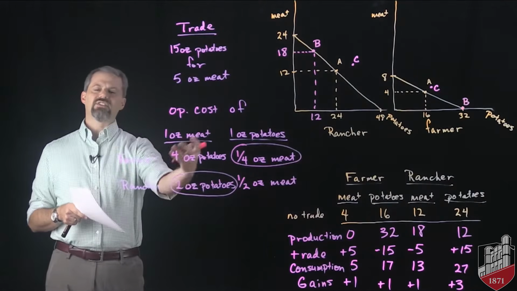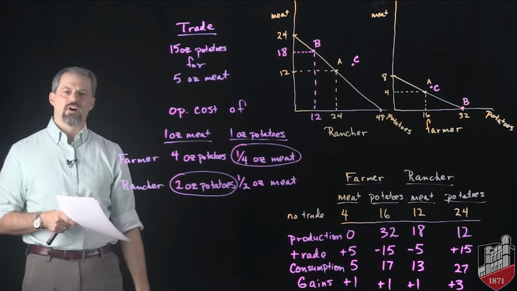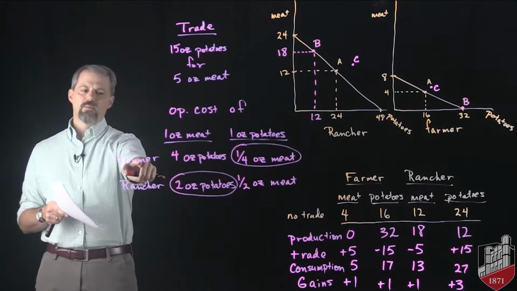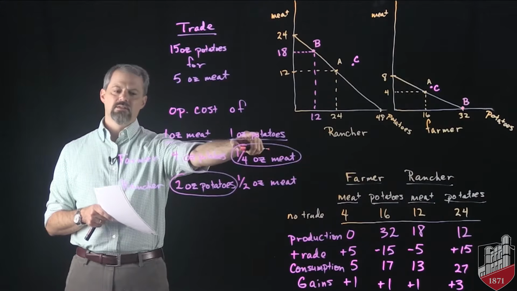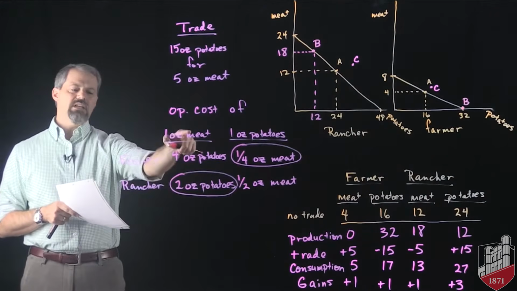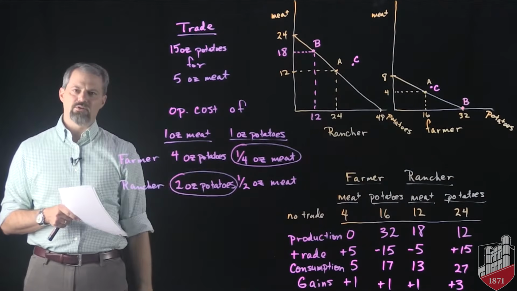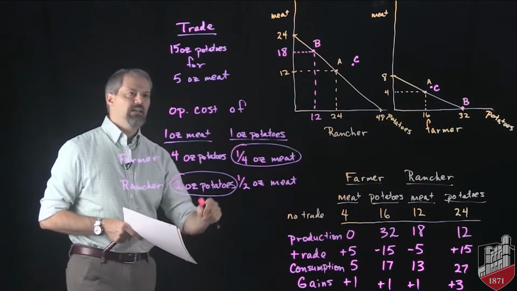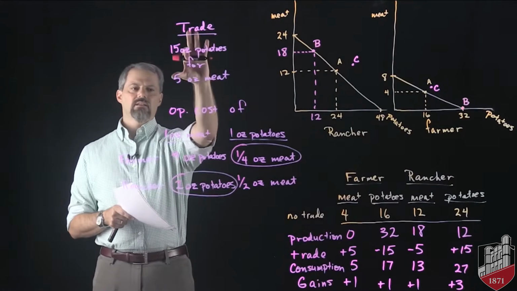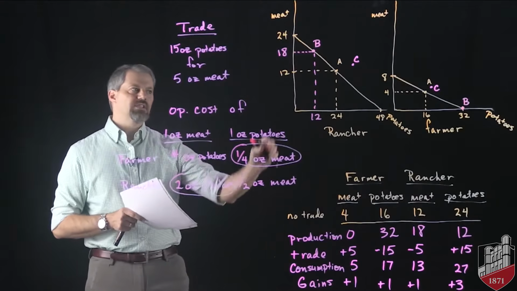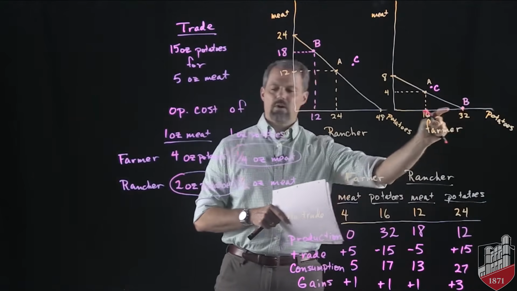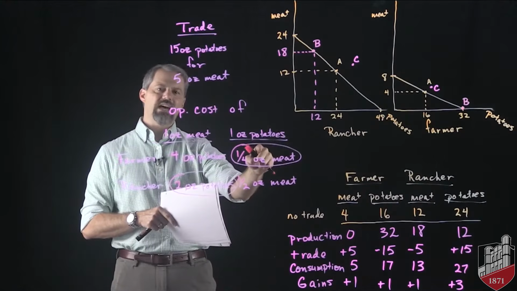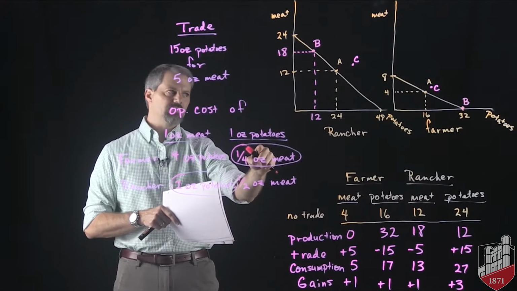So now we see that in terms of the actual cost of production, the farmer has a lower cost of production for potatoes than the rancher does. And in terms of production of meat, the rancher has a smaller opportunity cost. And that's why this trade that the rancher proposed involved the farmer moving to this point where they produce the good for which they have the lower opportunity cost.